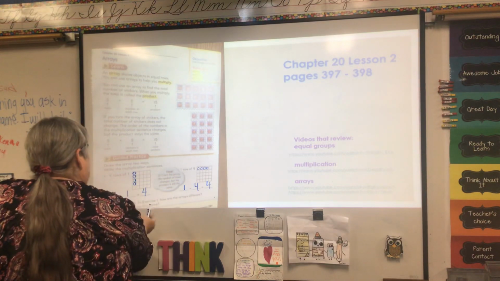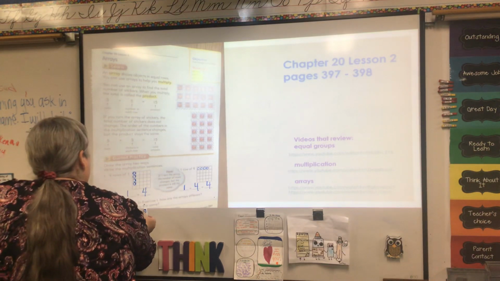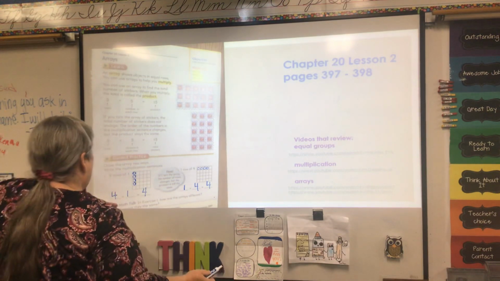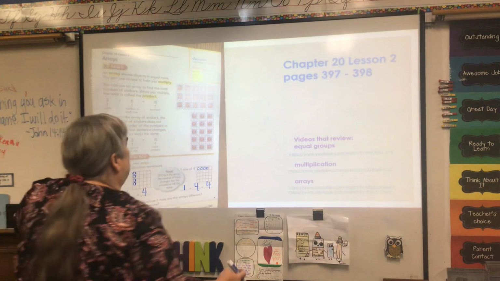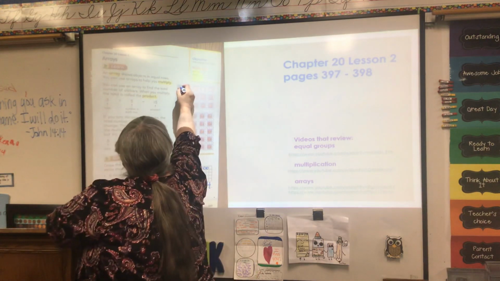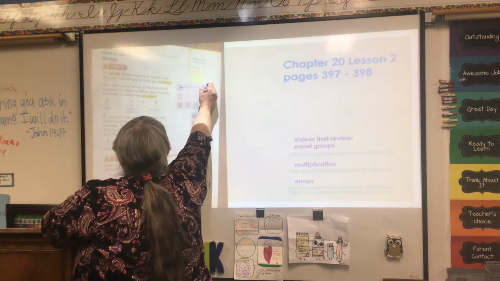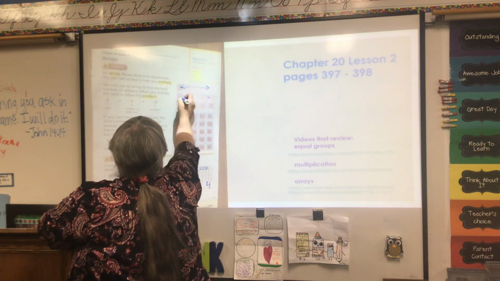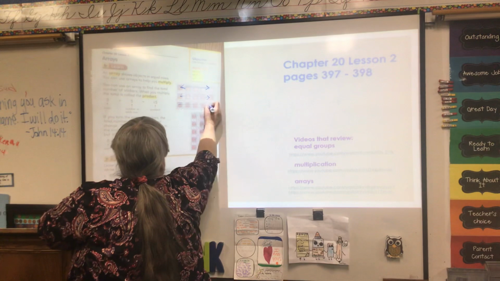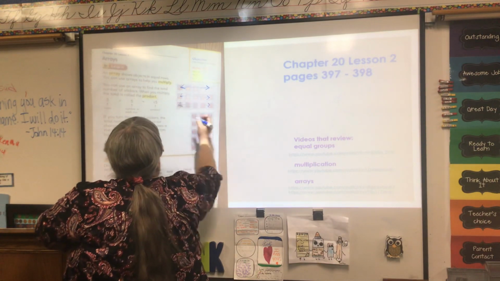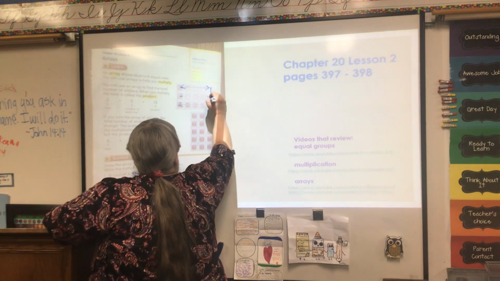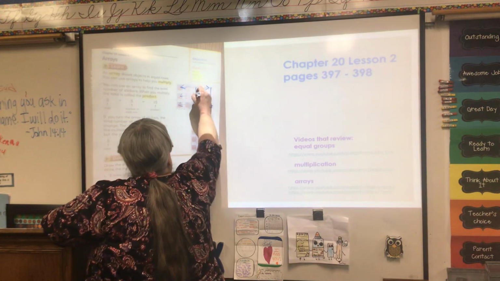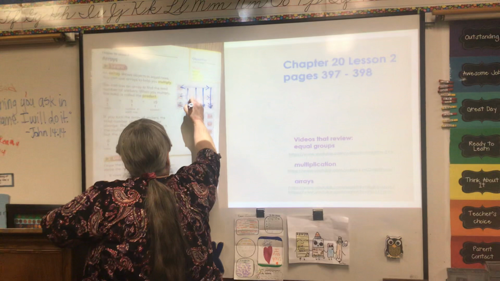Down on the bottom, it says, in exercise 1, how are the arrays different? How are they the same? So remember, a row goes this way, from left to right. And a column goes down, just like the columns on a building.